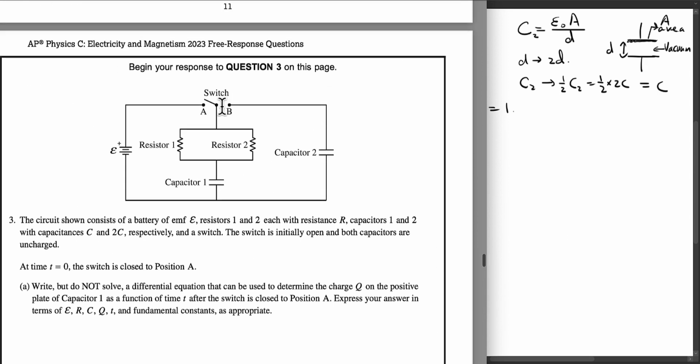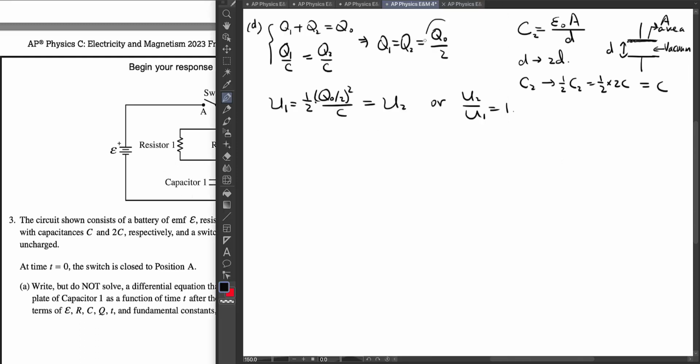So once we turn the switch back to A, we actually separate the capacitor 2 from the circuit. So it's like there's no C2 anymore, and we're looking back at the charging RC circuit again. Okay, and remember now, capacitor 1 carries charge Q0 over 2. So that's like the capacitor is half charged. So we should definitely use that condition.